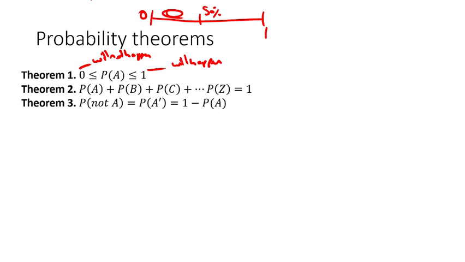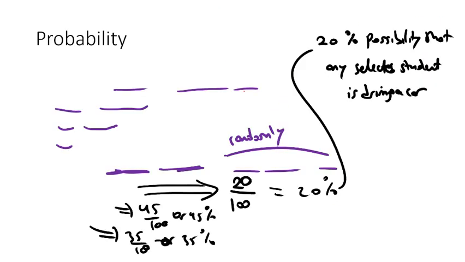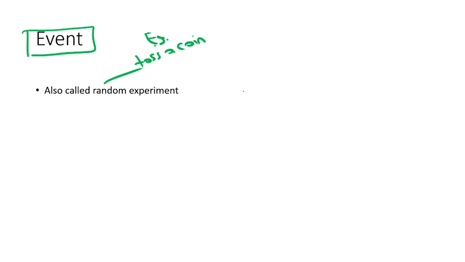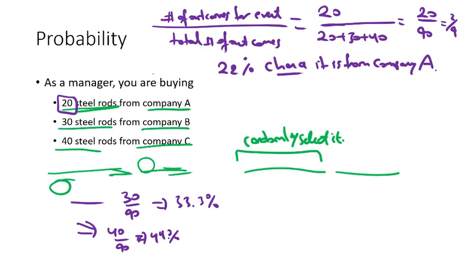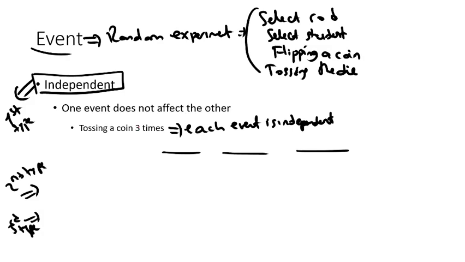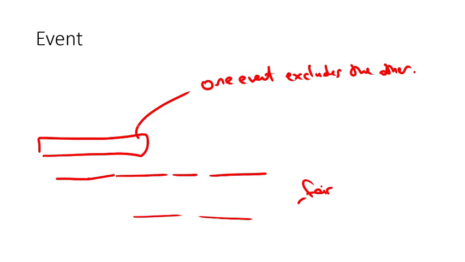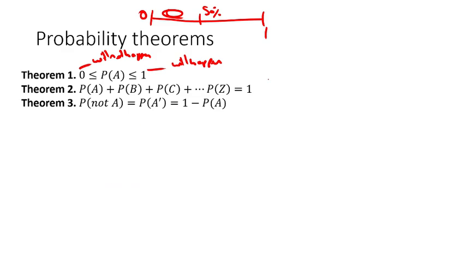And the second says that the sum of the probabilities is equal to 1. Let me show you one example. If you remember, we had 20 steel rods from A, 30 from B, and 40 from C. If I add them up, I have 20 plus 30 plus 40, so 20 by 90, 30 by 90, and 40 by 90.